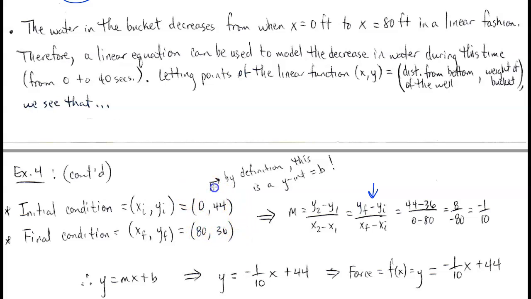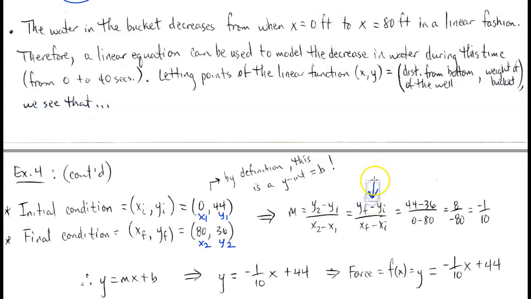But we need to label it in terms of what the force would be. So the force will actually start off being like this, and it will end like that. So that means we would have to have it like this here.